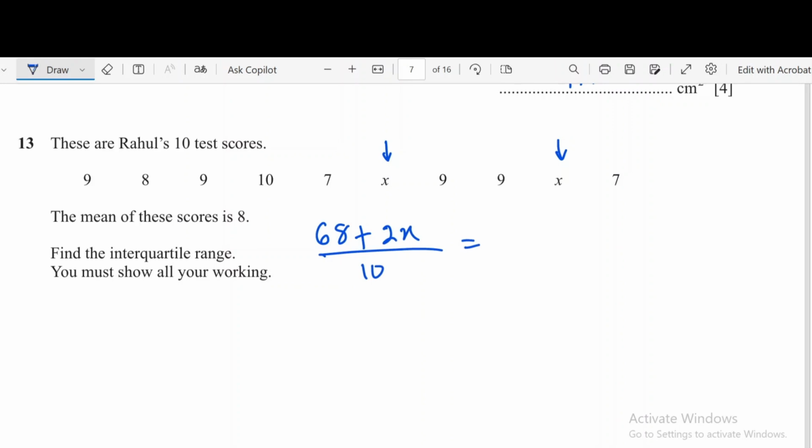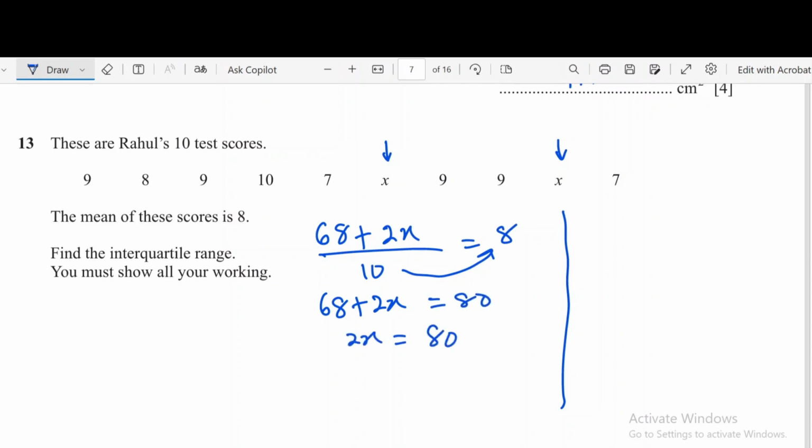We divide by 10, that will be the mean. Now, when we cross multiply, we are going to have 68 plus 2S. Use this 10 to multiply this: 10 times 8 is 80. So 2S is going to be 80 minus 68, that will give us 12. So S is going to be 12 over 2, and that will give us 6.